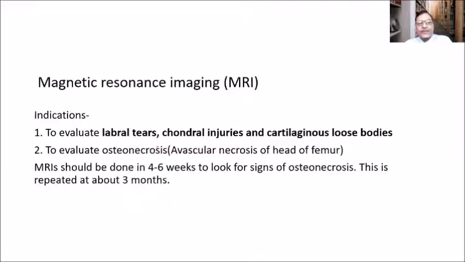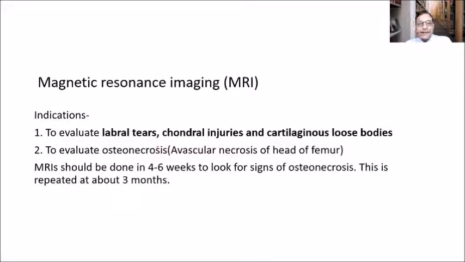MRI, when to do? It is done for the tissues which are not seen on the X-rays. For example, for labral tears, chondral injuries, or when you suspect there is a loose body which may prevent a concentric reduction or can widen the joint space, then you have to do the MRI.